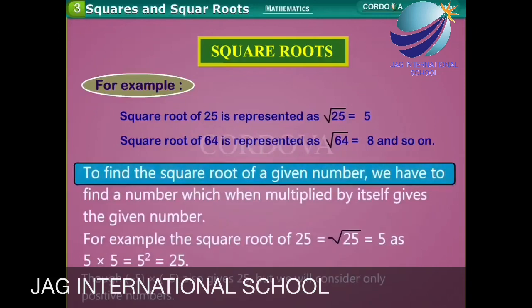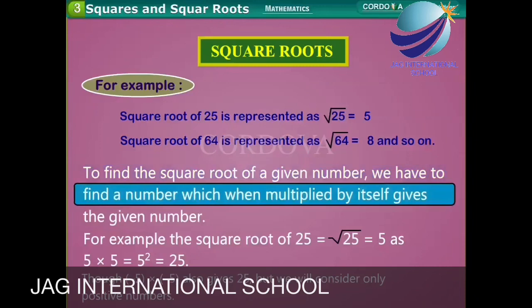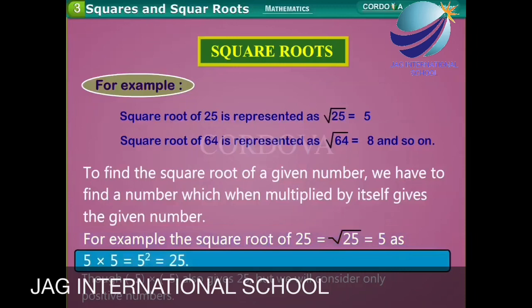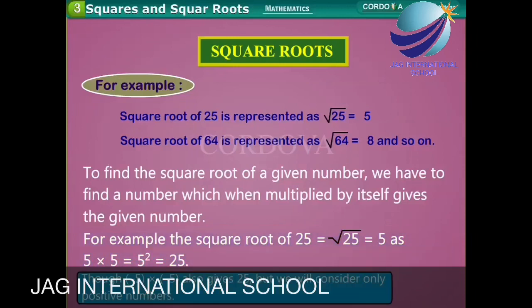To find the square root of a given number, we have to find a number which, when multiplied by itself, gives the given number. For example, the square root of 25 is equal to 5, as 5 into 5 is equal to 5 squared, which is equal to 25. Though minus 5 into minus 5 also gives 25, we will consider only positive numbers.